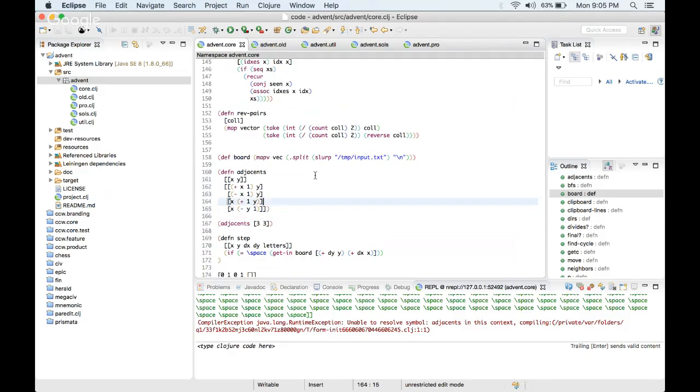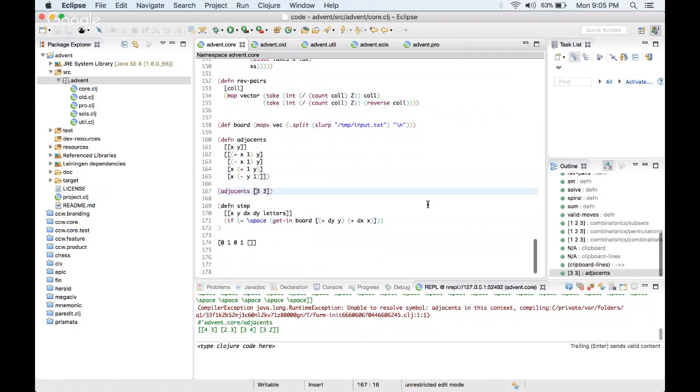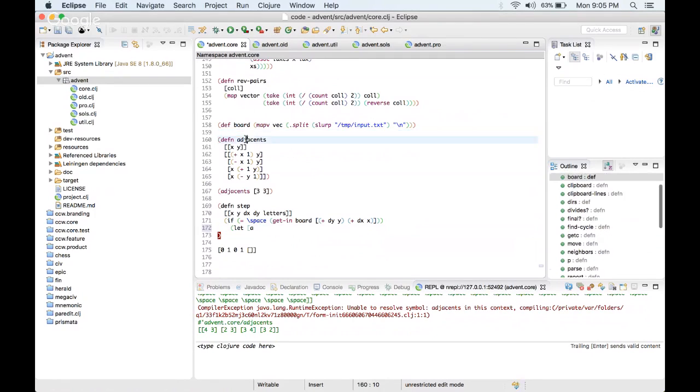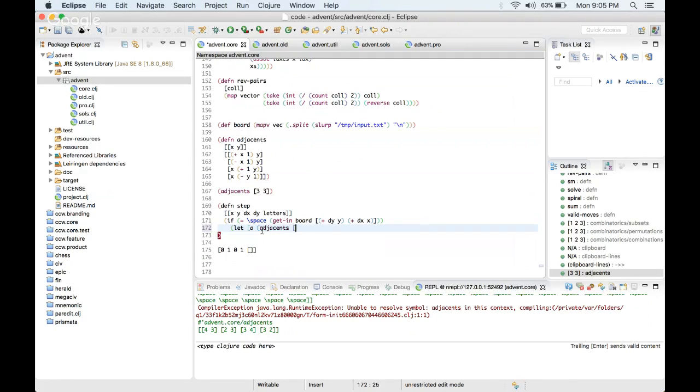All right. So here are our adjacents. So if it's a space, then we pretty much have to let these be the adjacents of our current position.